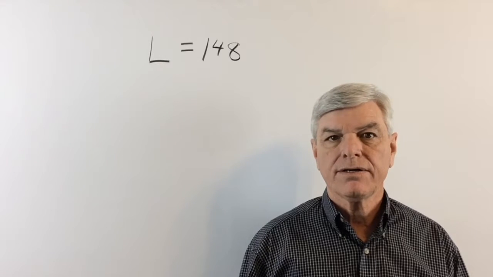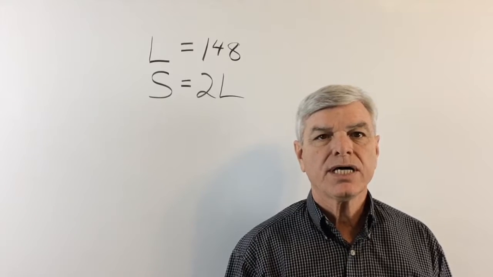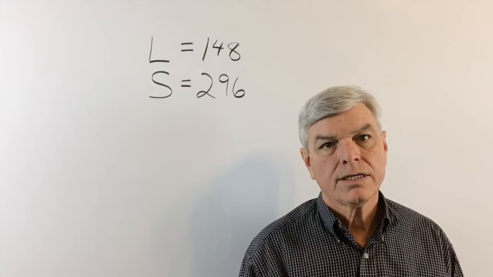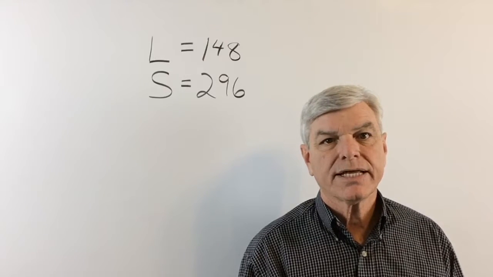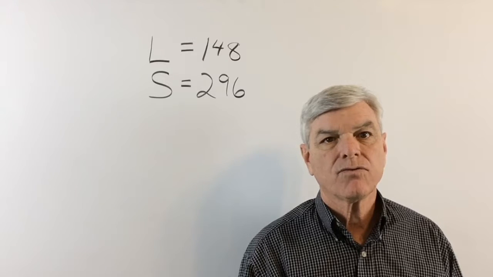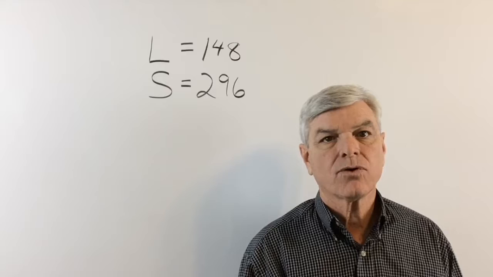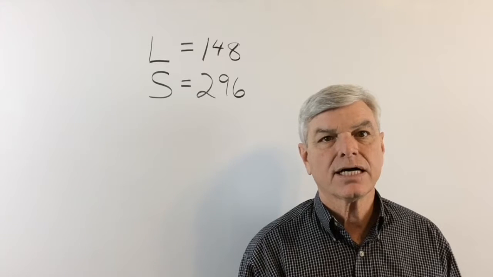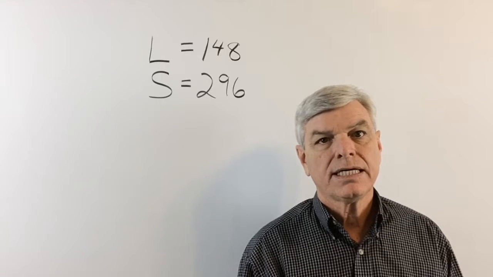And the sofa costs double the love seat, which would be 2 times 148, or 296. And if you add both those numbers together, you'll see that you get $444. So the love seat costs $148, the sofa costs $296, and that is the answer to this problem.